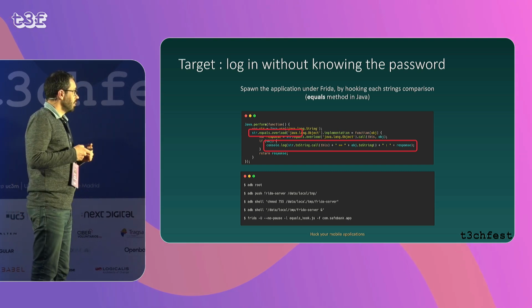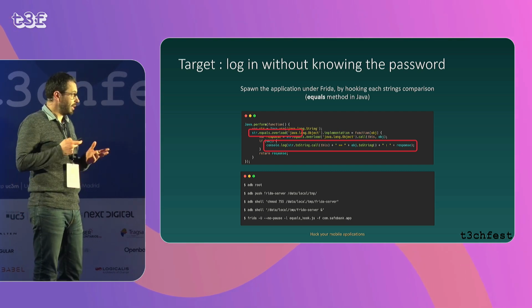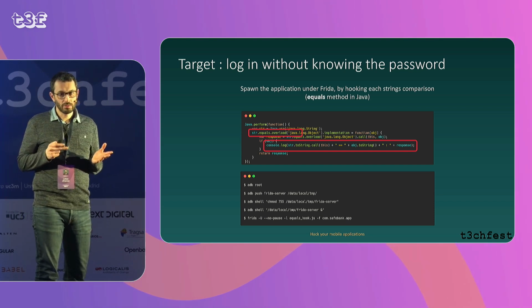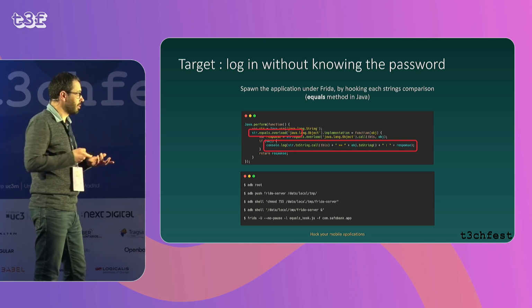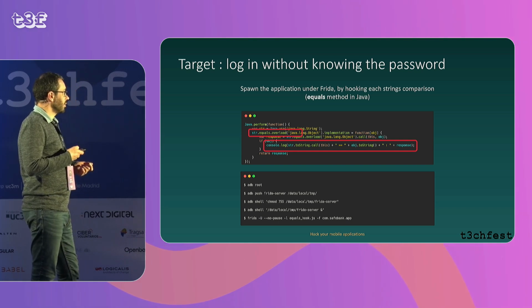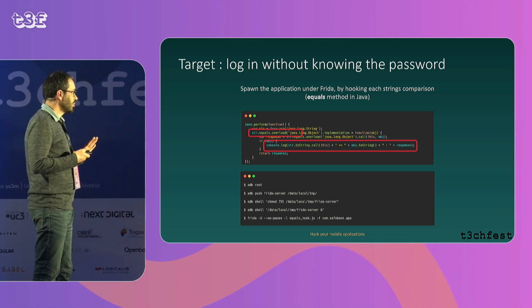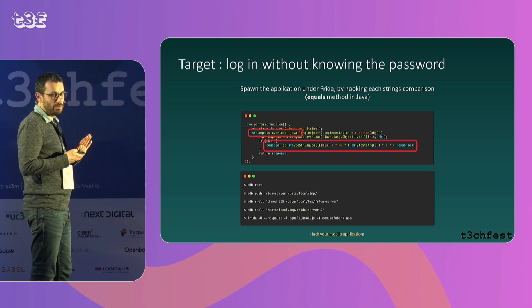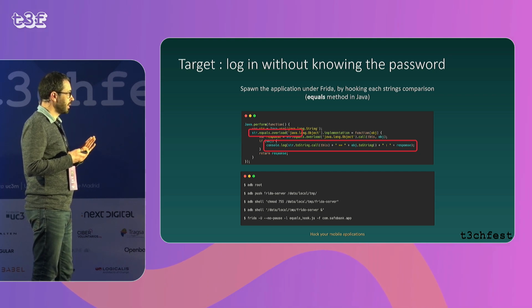So this is my Frida script, and here I know that the PIN has to be compared to a string. So what is the method used for this? It is the method equals from the string class. So I will overload this method equals, and to start, I will just add a log in the equals method.